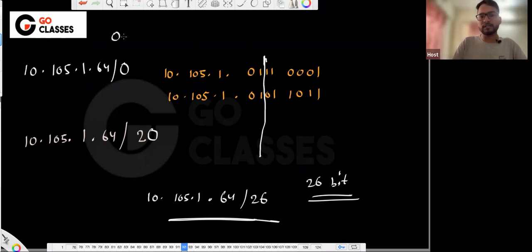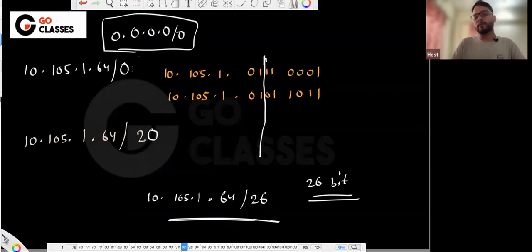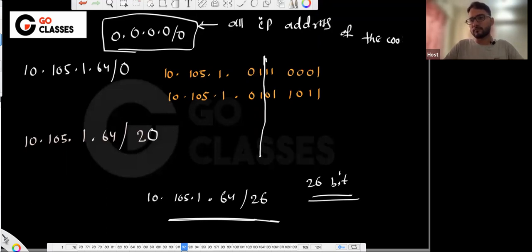In fact, this is a special address that we use for routing purposes. I will tell you, it's very easy. Basically, if nothing is matching, this is called the default address. This means that you can change everything. This is the supernet of everything. It contains all of the IP addresses in the world, right?